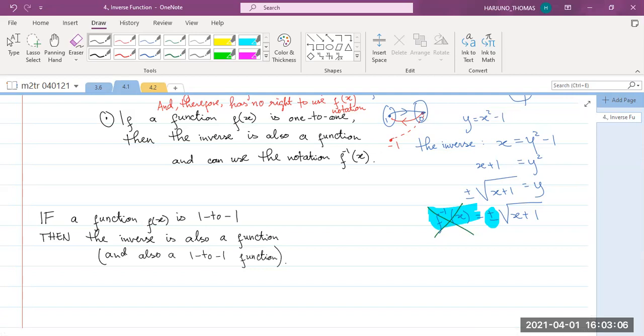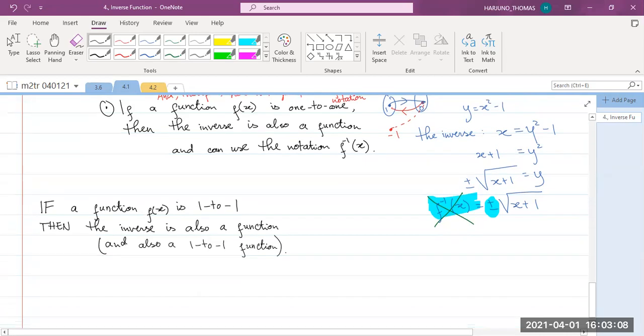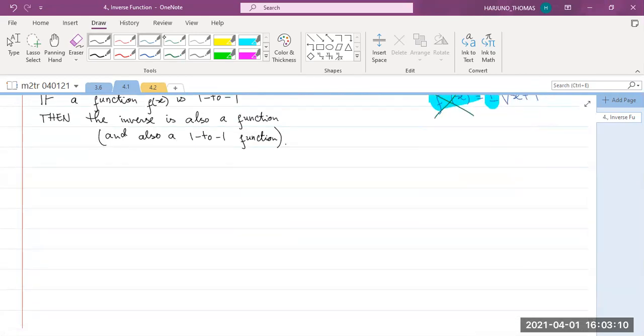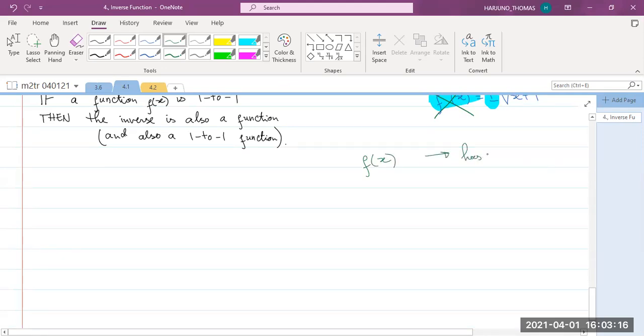Oh, Thomas, I'm starting to get lost. Okay, let me say it again. If you have f(x), it has an inverse, but that inverse is not necessarily an inverse function.